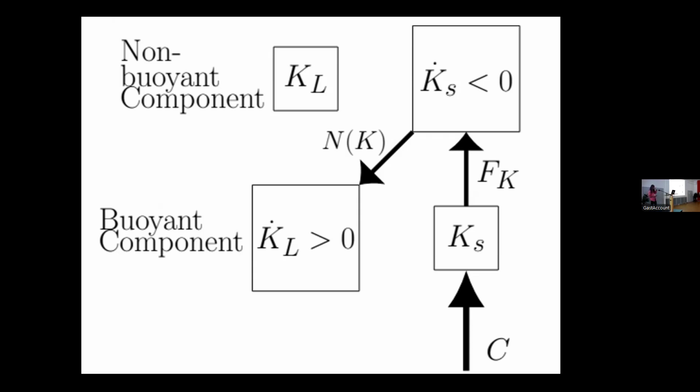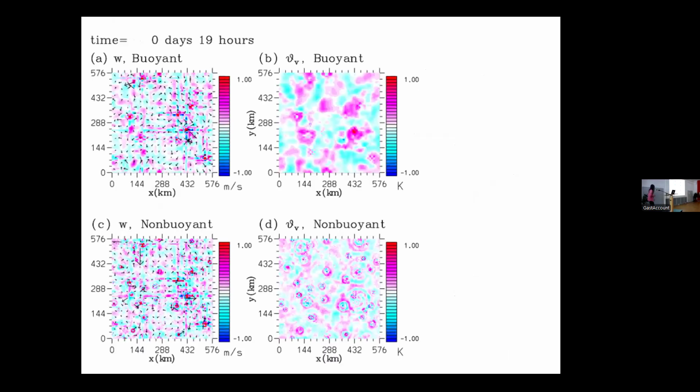Now the question is, what is the non-buoyant component? I think if you're intelligent enough, you can imagine what we will see. So let's look at what's going on in real space. It's all wavelet space analysis, but we now have to consider the non-buoyant and buoyant components, and we see how those two fields look in real space to see how it's going on.